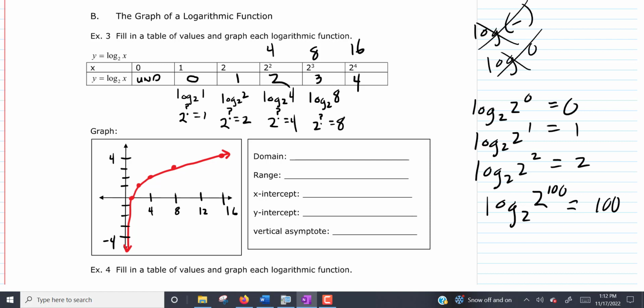That's what the graph of a logarithmic function looks like. Now, what do you think the domain is just by looking at the graph we just drew? Remember, domain is what x can be. So what does it look like x can be in this problem?